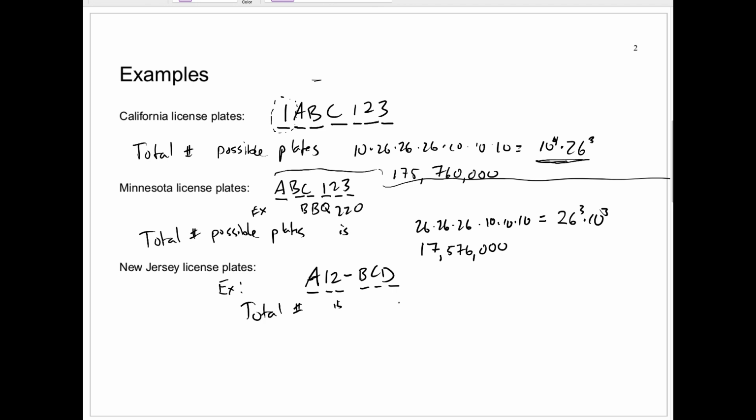It's just going to be 10 squared times 26 to the 4th power. And if you compute that relatively quickly in your head, you'll find that that's just 45,697,600, if I'm doing that correctly.